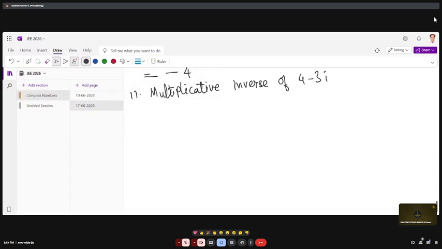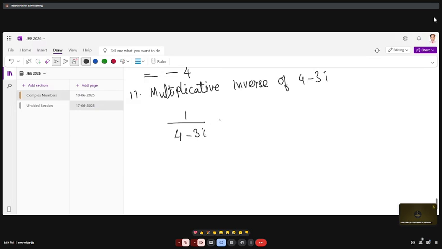Multiplicative inverse of this 4 minus 3i. It's basically same as 1 by 4 minus 3i.